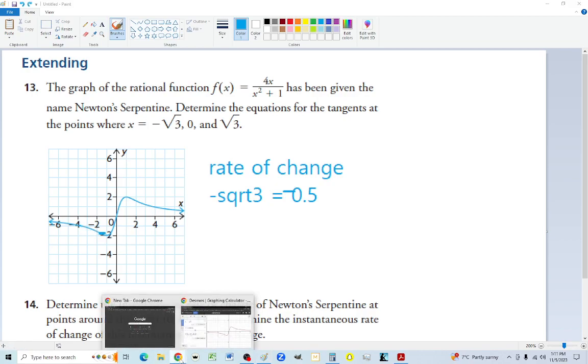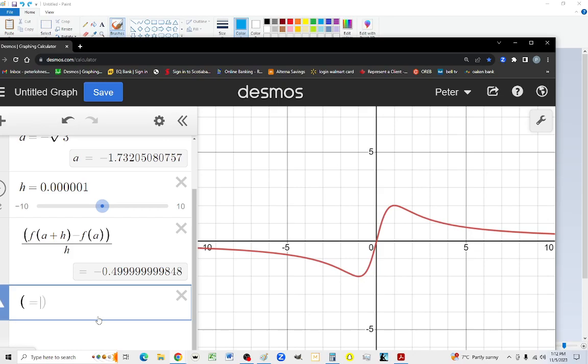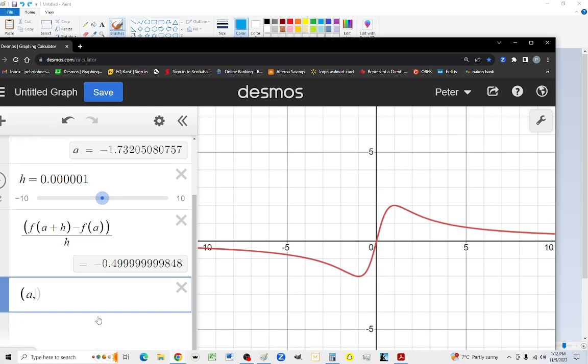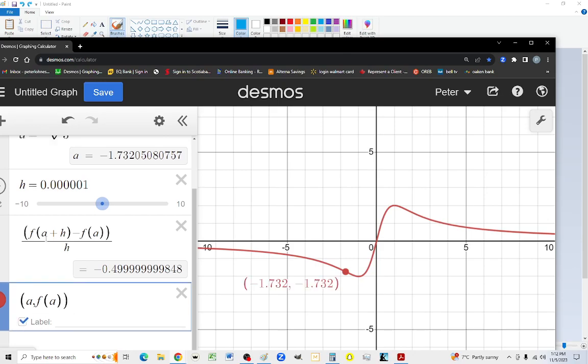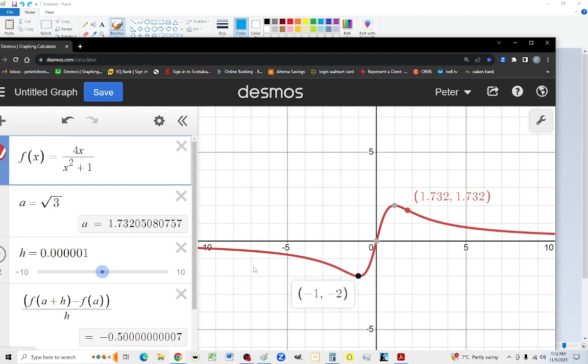Let's mark it on our Desmos to see where that is. Negative square root of 3. Well, let's just do a, comma, f of a. And we'll label it. So this is that spot. Now let's make our a positive just to see how much that's the same. And there we go. It's that same spot, but on the opposite side, right? That was over there.